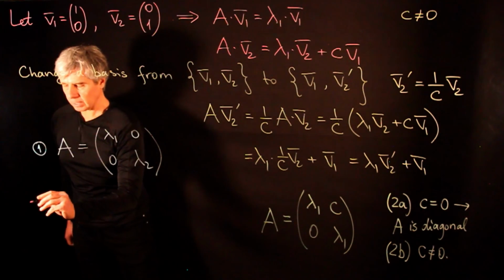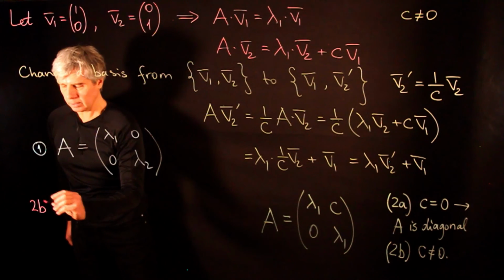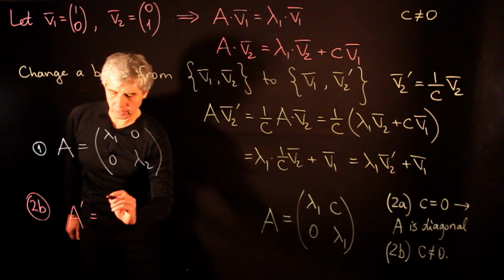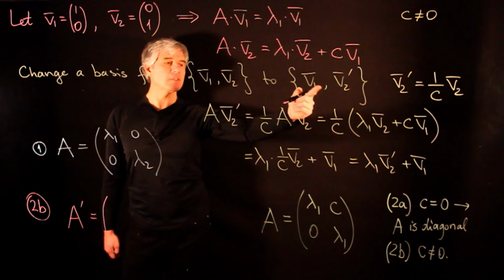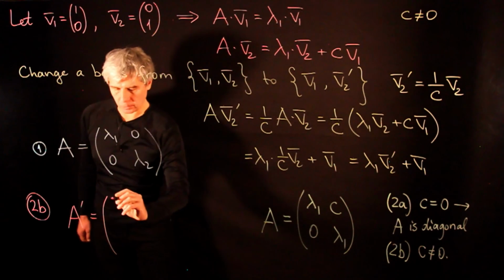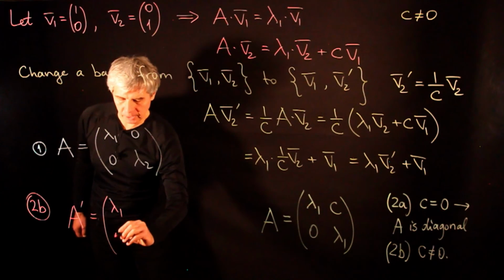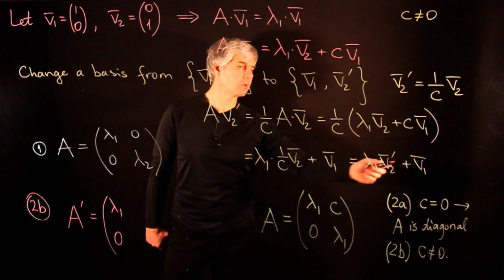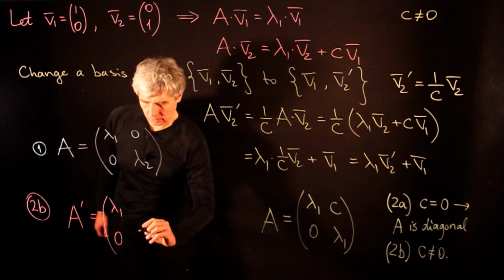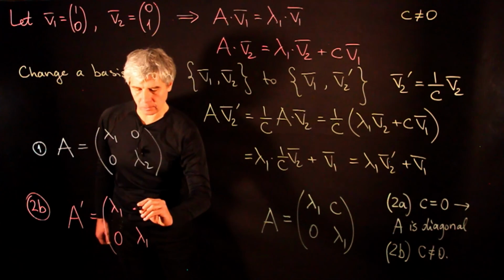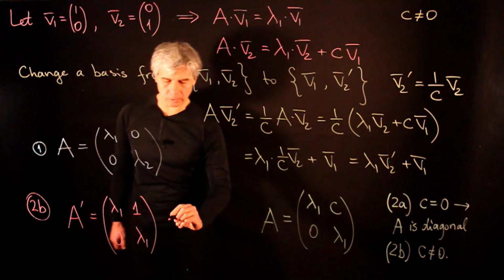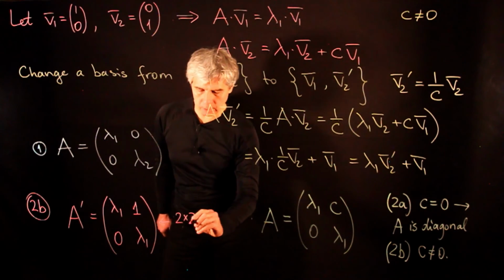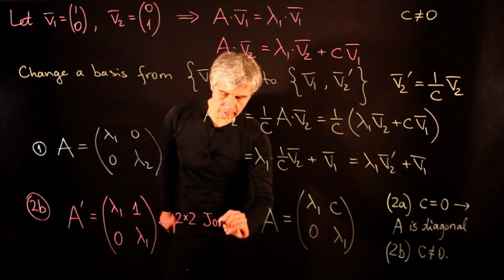And we see that in the case 2b, we bring the matrix to the following form. The first basis vector is an eigenvector, so we have the first column is lambda 1, 0, and this is the action on the second basis vector. So here we have lambda 1, and here we have 1. And what we see is that this is precisely a 2 by 2 Jordan block.